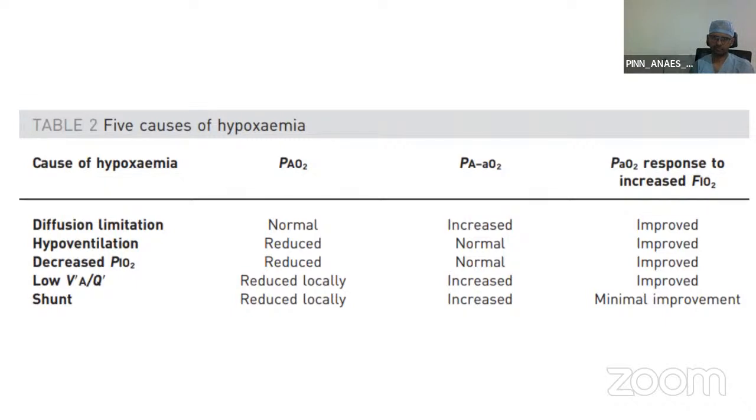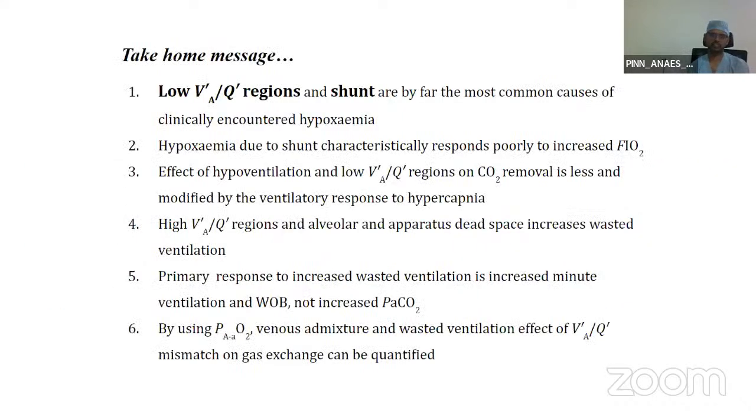In shunt also, there will be reduced alveolar PO2 and increased alveolar arterial oxygen gradient. But as we have seen before, with increasing shunt, increasing FiO2 has minimal effect on PaO2. So the take-home message is low VQ regions and shunt are by far the most common causes of clinically encountered hypoxemia. Hypoxemia due to shunt characteristically responds poorly to increased FiO2.